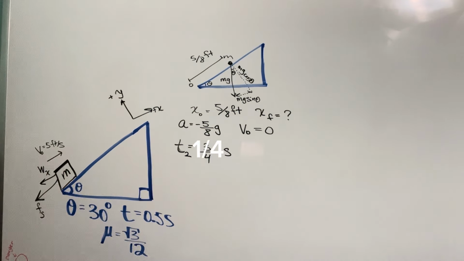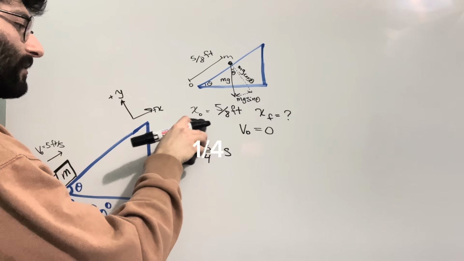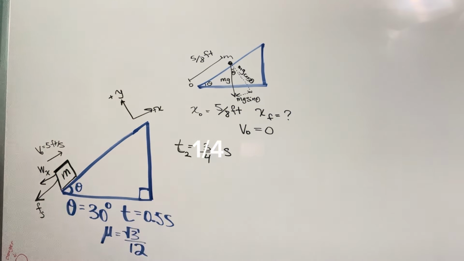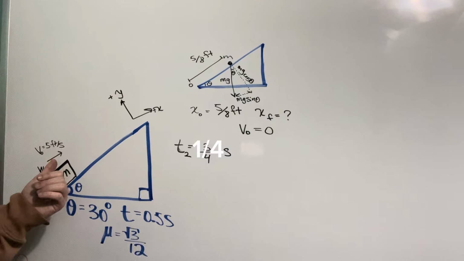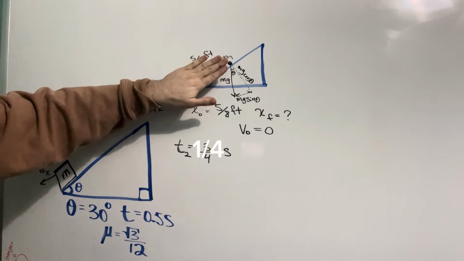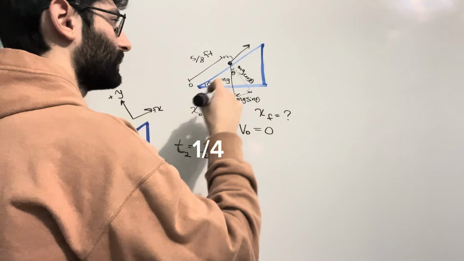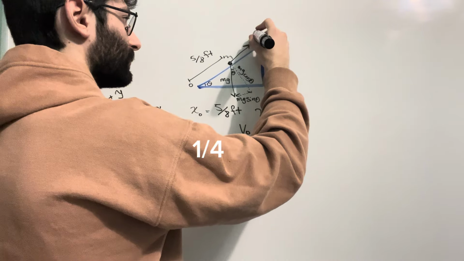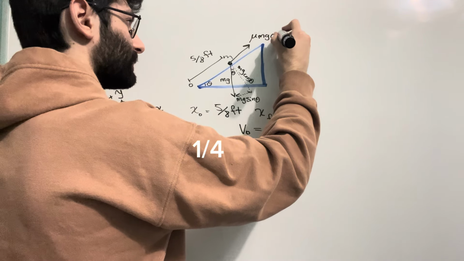Our acceleration is now going to be different, as the force of friction is opposite to what it was initially. The motion of the block is going in the negative x direction, and so the force of friction is opposing that motion, going in the positive direction, which is mu mg cosine of theta.